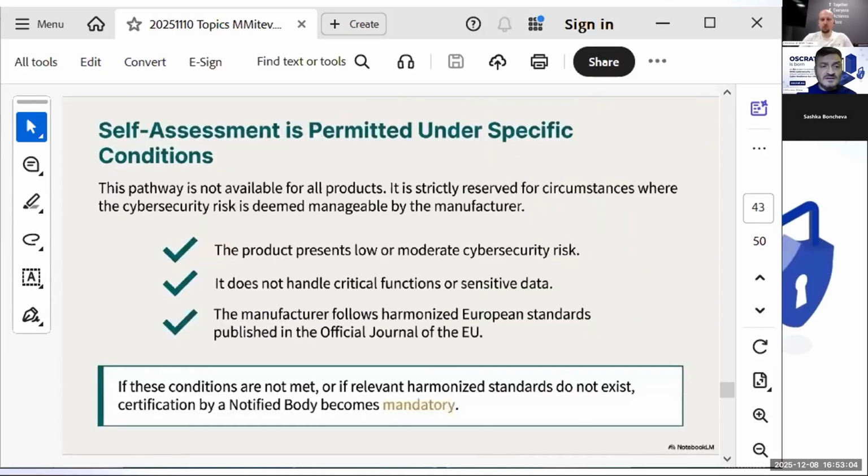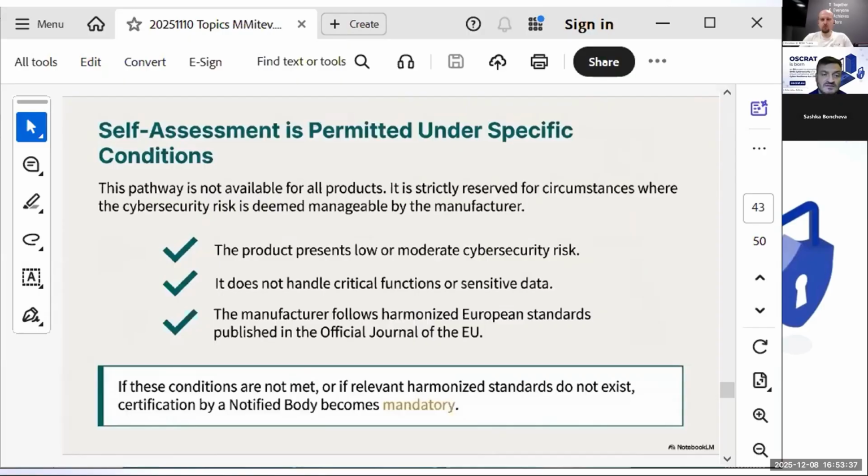Self-assessment is only permitted under specific conditions. A manufacturer may choose this path only when the cybersecurity risk of the product is low or moderate. Self-assessment is not allowed if the product performs critical functions or handles sensitive data. The manufacturer must also follow harmonized European standards that are published in the Official Journal of the EU.